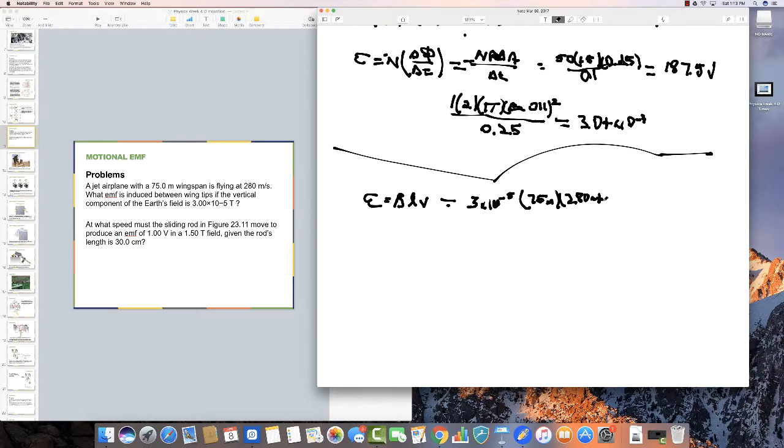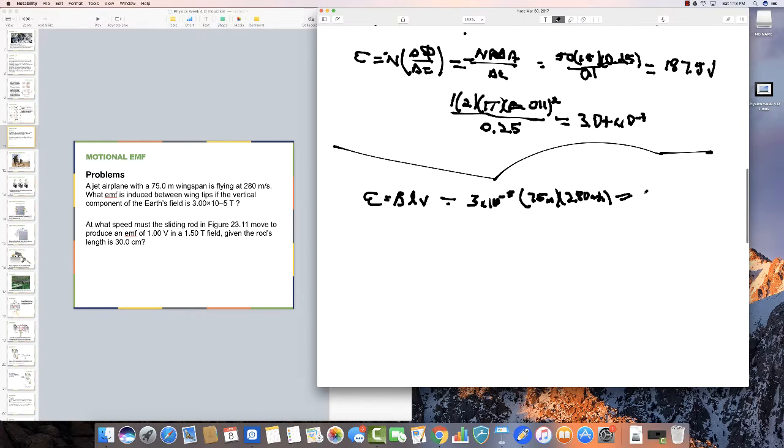And if you do the math, that is going to be 0.63 volts.